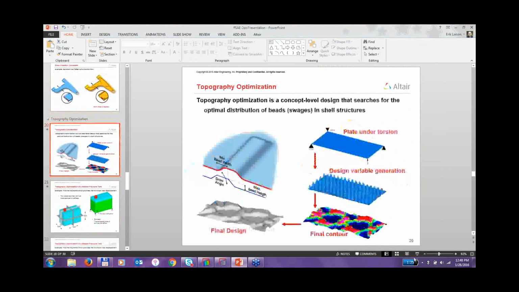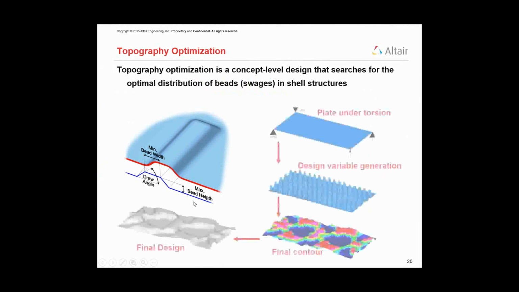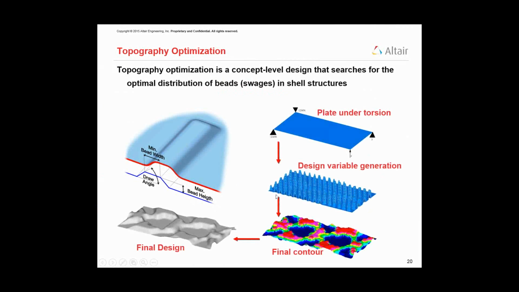Okay, so the next type of optimization is topography optimization. Topography optimization deals with creating beads. In this case, the design variable now becomes the location of the node vertically, or normal to the material.